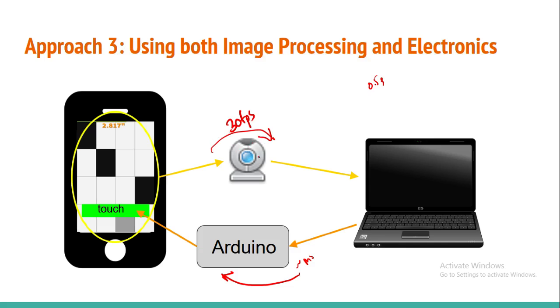And one thing to observe here is the webcam needs to be placed in a way that it covers the whole screen, or maybe a little more. It has to see everything on the phone. And again, you have to use some kind of pre-processing algorithm because the data that goes into the webcam depends on the external lighting conditions and stuff.